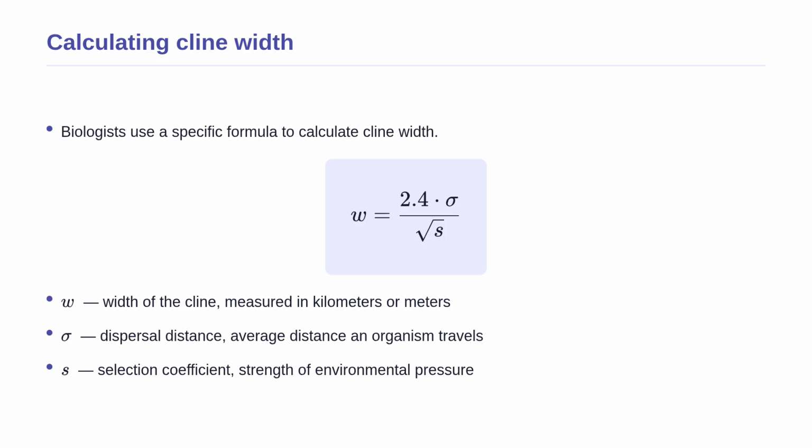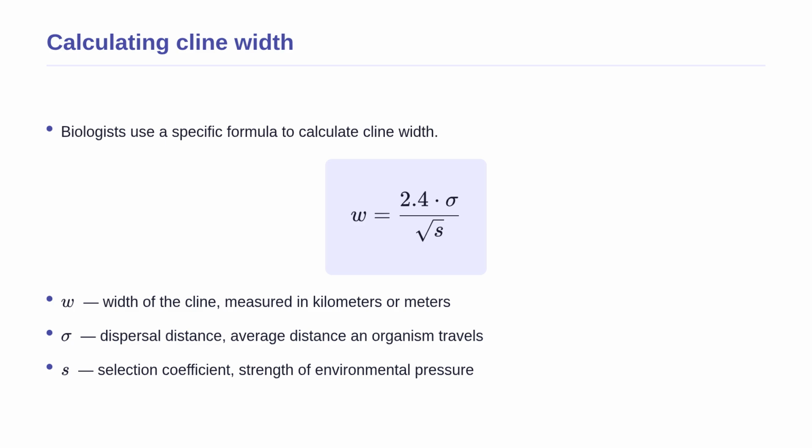Now that we understand the tug of war between selection and migration, let us look at how evolutionary biologists calculate this mathematically. The formula for the width of a cline is W equals 2.4 times sigma, all divided by the square root of S. Let us break down these symbols. The variable W represents the width of the cline, usually measured in kilometers or meters.